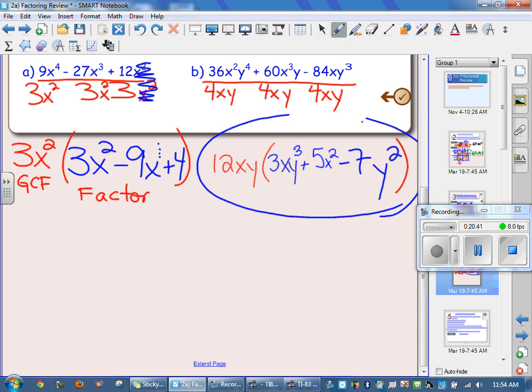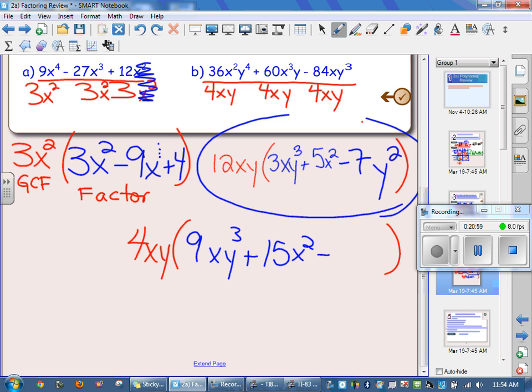On the inside, I'm going to get 9xy cubed plus 15x squared minus 21 y squared. If you take a look at all those coefficients, every single one of those can still divide by 3. So you'd have to divide it all out again.